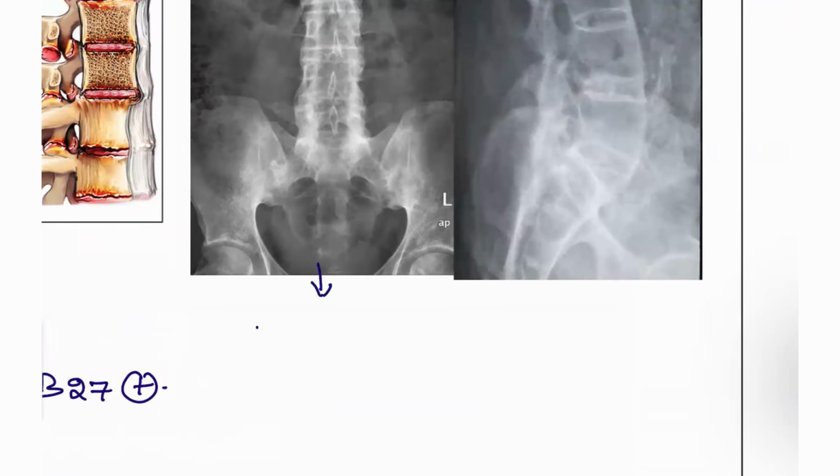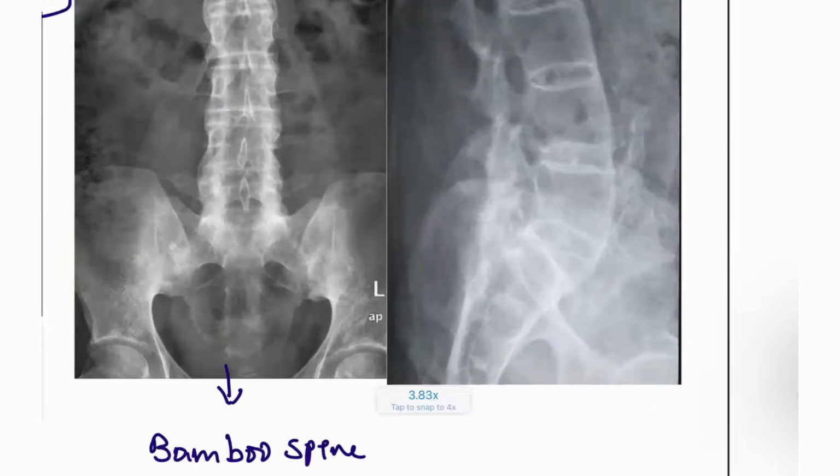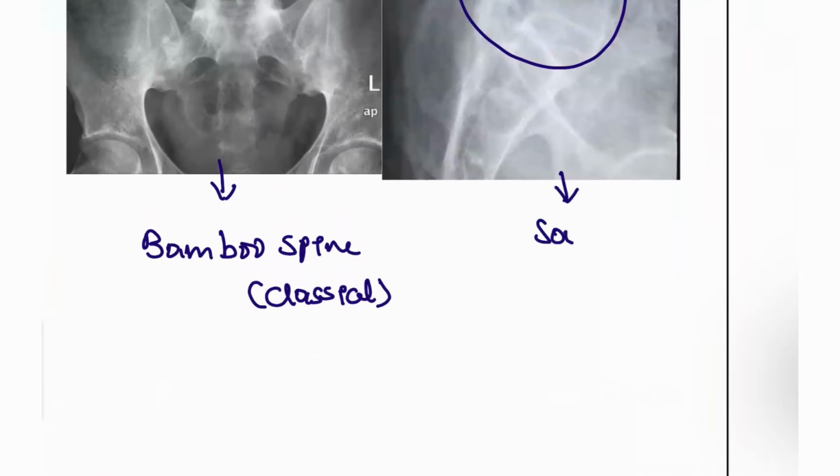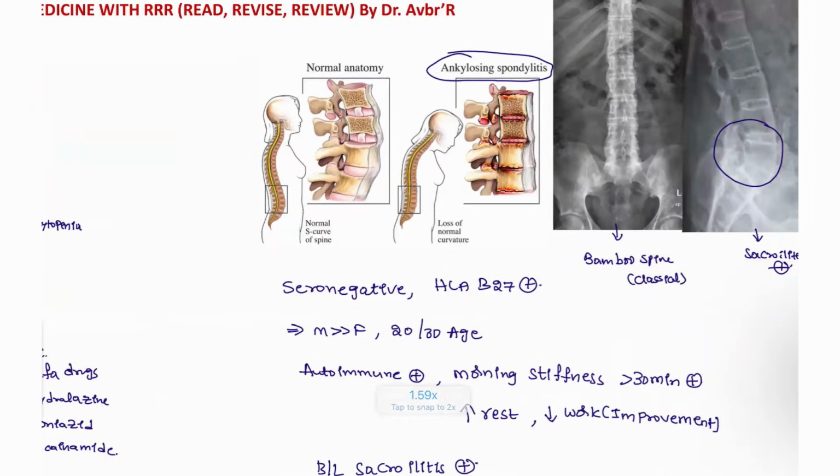This is known as a bamboo spine. This is classically seen in patients of ankylosing spondylitis and sacroiliitis, right? Here you are going to see the sacroiliitis. And this is the classical condition of the patients.